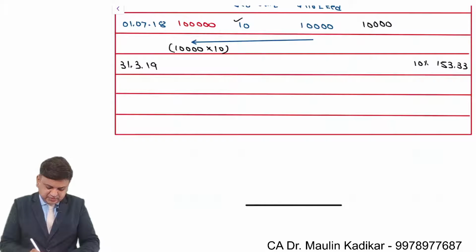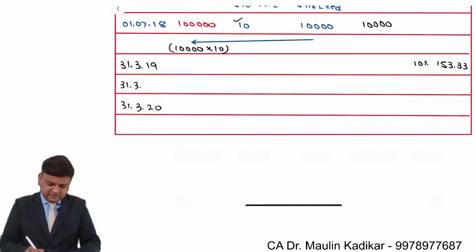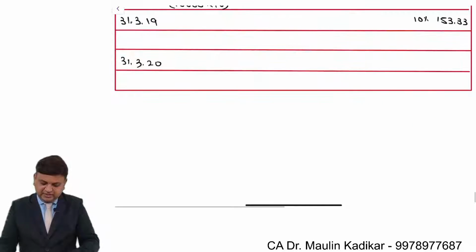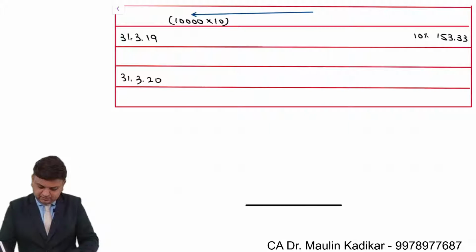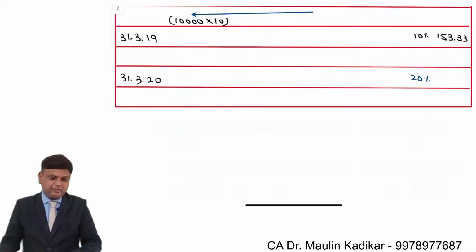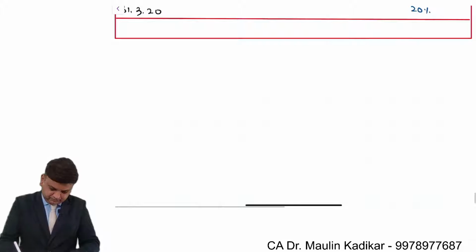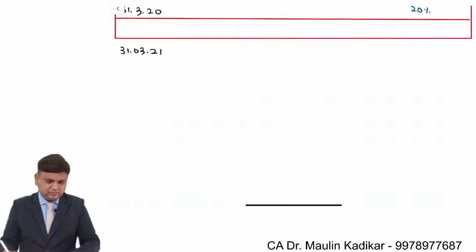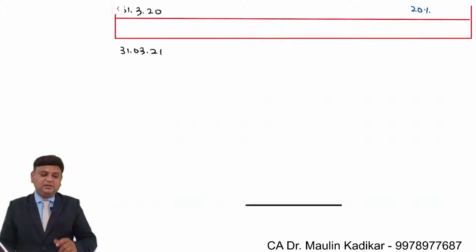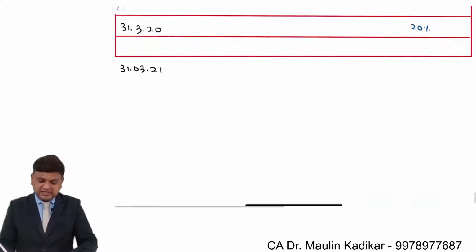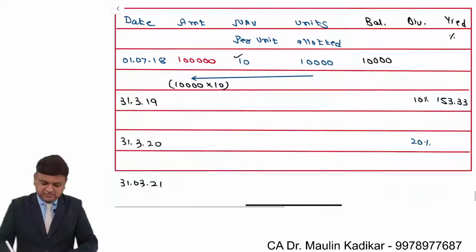On 31st of December 2020, 20% dividend was given. So at that point of time, information is given that 20% dividend was given. On 31st of March 2021, Mr. X redeemed all his balance 11,296 units.